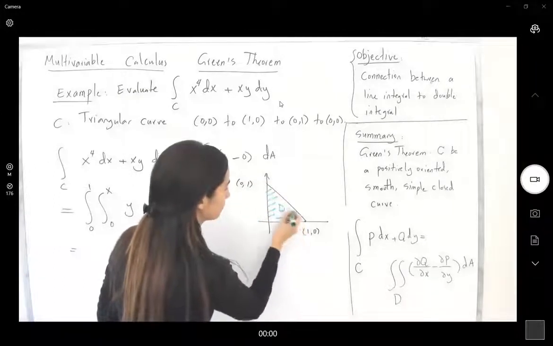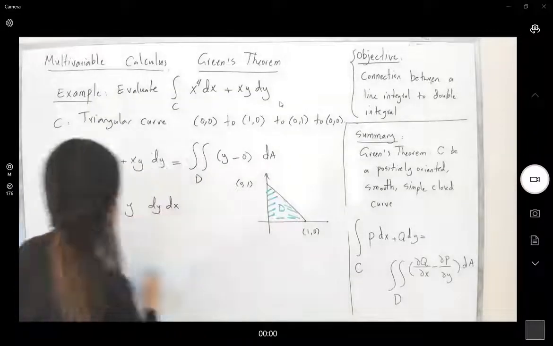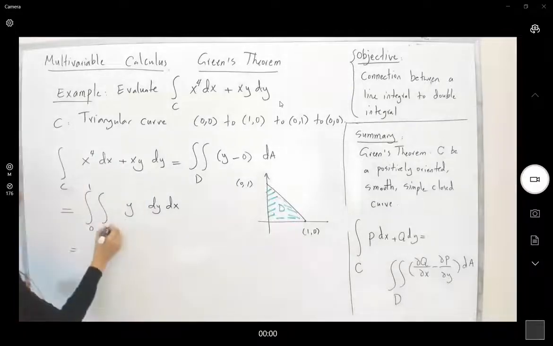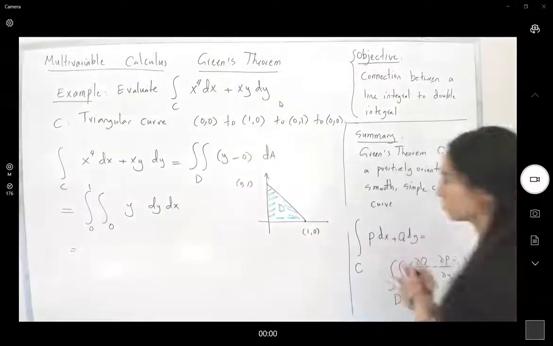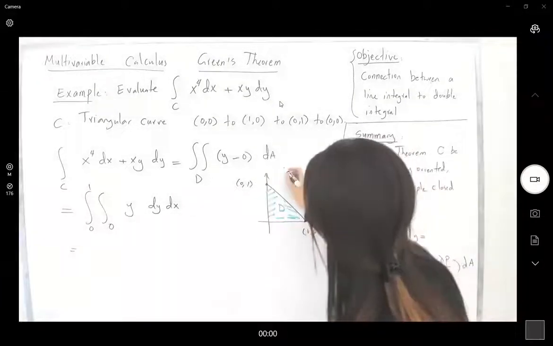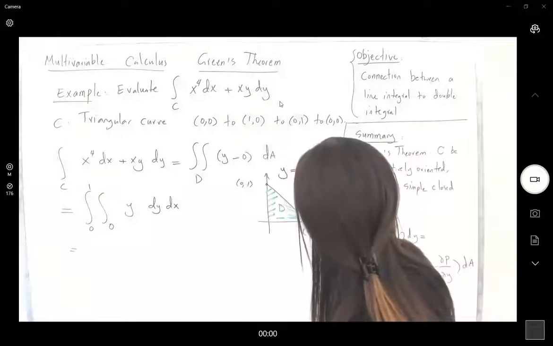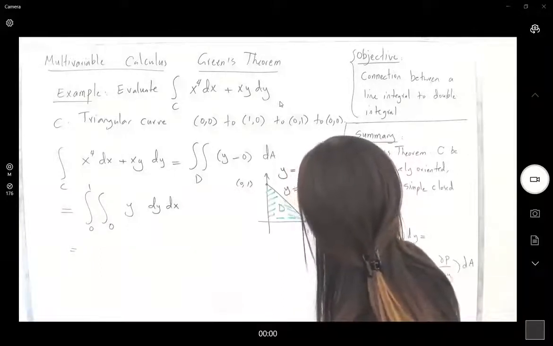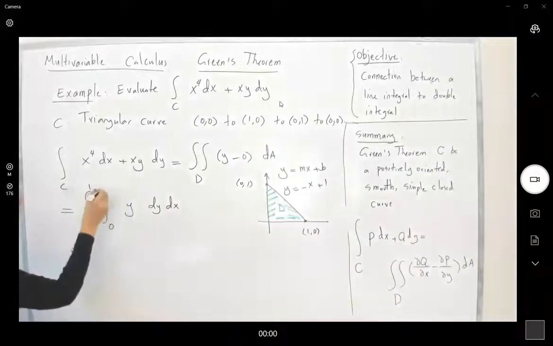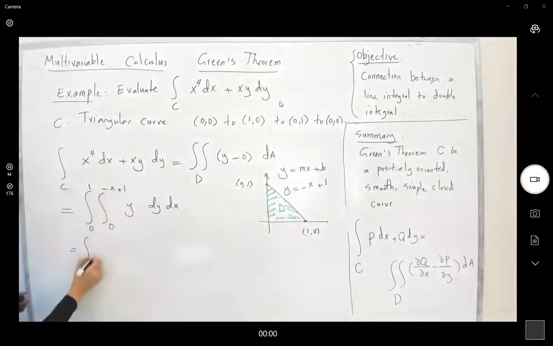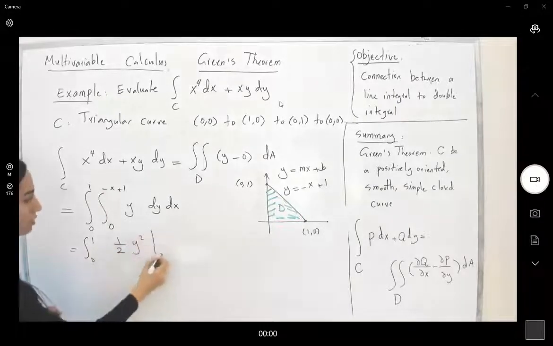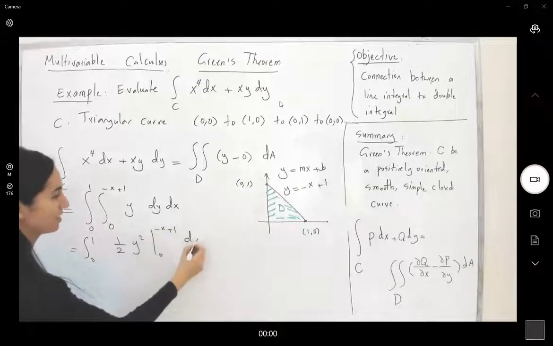Perfect. So now you have your y bounded between 0 and this line here, passing through these 2 points, which is y equals minus x plus 1. So x goes from 0 to 1, and for y we get one half y squared from 0 to negative x plus 1, dx.